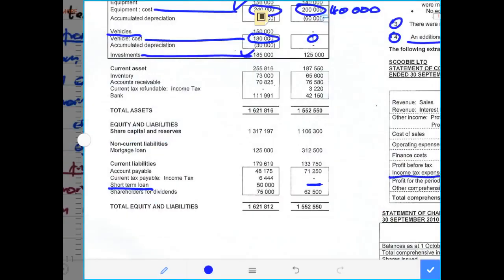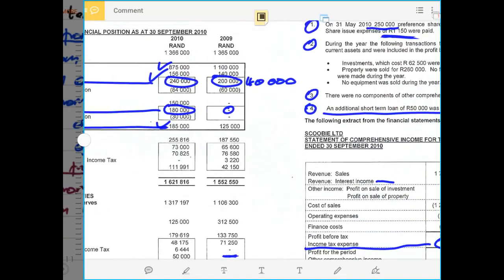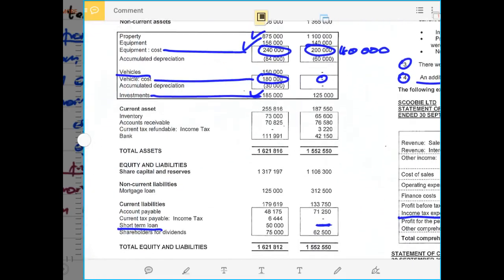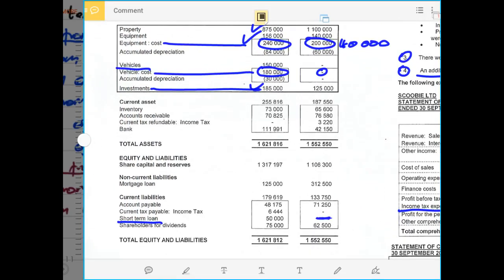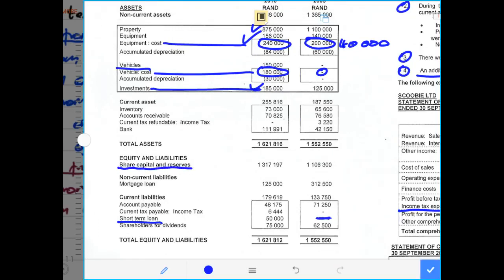There is no other adjustment with regard to the financing activities. Let us go to our equity and liability section. Share capital and reserves is a combination. We don't calculate that because there's capital and also some reserves, so we can't say the difference will be money that was received.